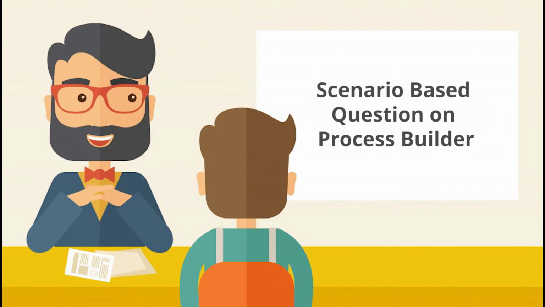Can you explain a little why is it so? Why can't we have two process builders on the same object? Yes. So let's take an example where we have two process builders, process one and process two, and they have some dependency. Let's say on the account object, we are having these process builders. Now for process one, we are executing some action, and on that particular action, there is a dependency, like on that dependency, we have process two.